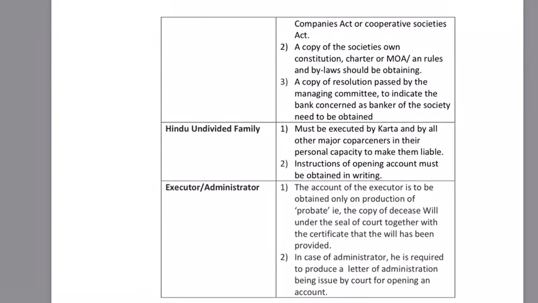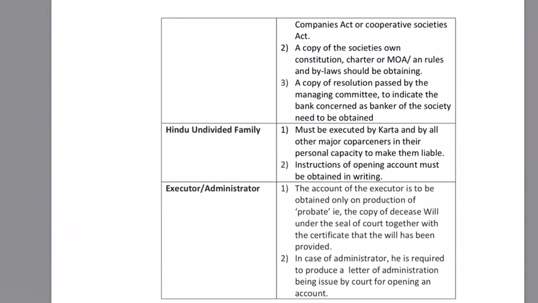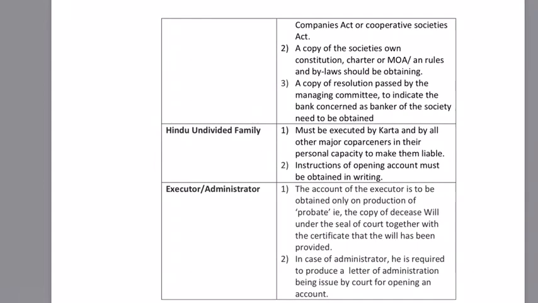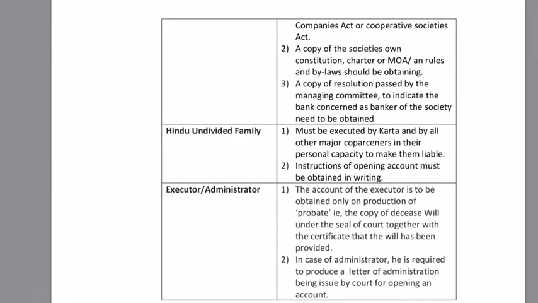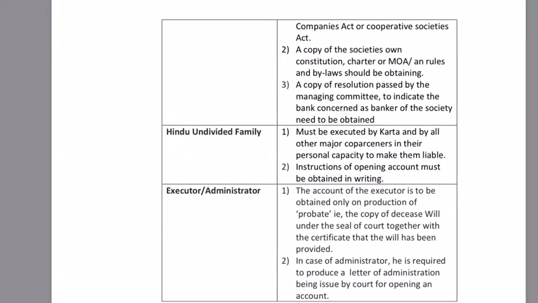The last is executor or administrator. See, usually this is not for opening an account, but what happens is executor is a person who has been granted the execution power to take care of the property of a deceased person, and the deceased person has willed that this person will be handling all these dealings on his behalf.